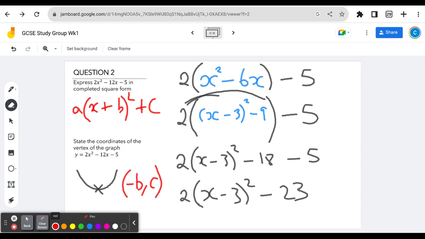So basically swap the sign for b and keep your c looking the same, and the value of a doesn't impact this. So my answer is positive 3, comma, negative 23.